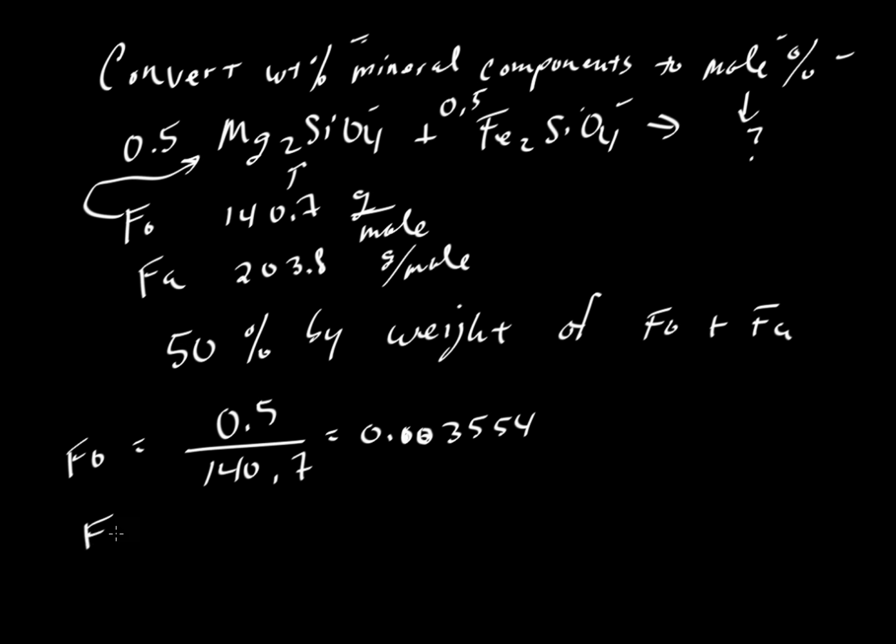If we do that for fayalite, the same kind of calculation, we have 50%, and we're going to divide it by its weight, 203.8 grams per mole, and we get another tiny value, 0.002453 or thereabouts.